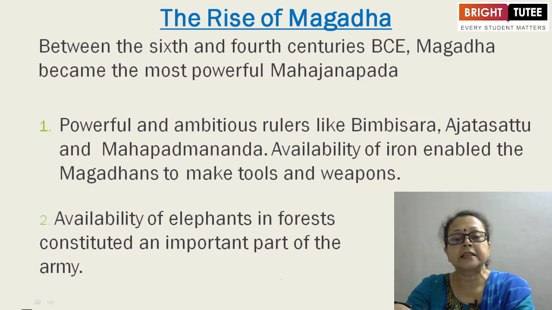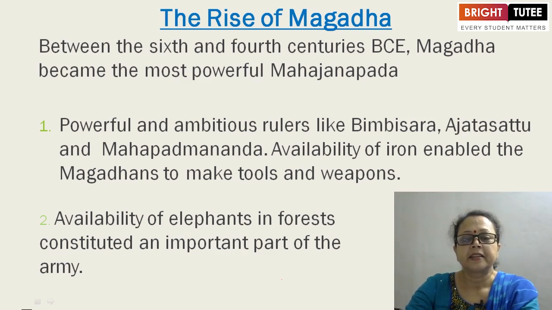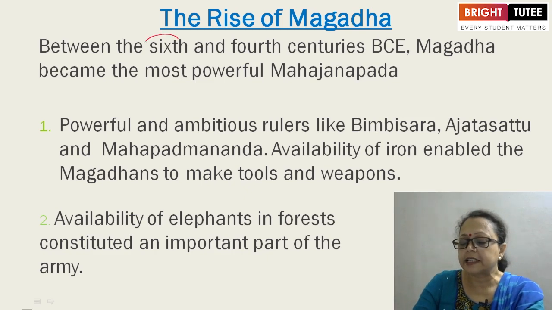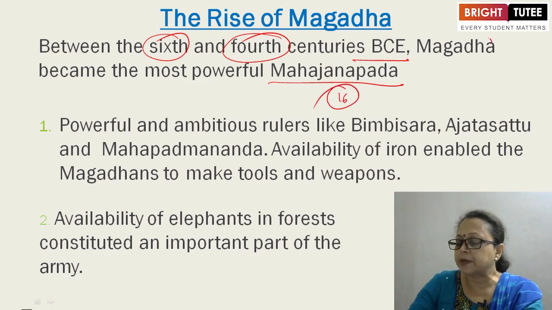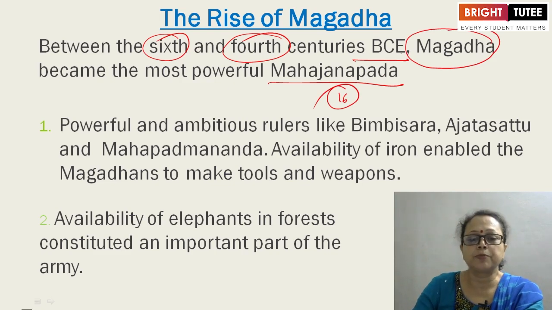Now coming to the rise of Magad, how Magad has risen, how it came into existence. Between the 6th and the 4th century BC, Magad became the most powerful Mahajanapada. We have discussed 16 Mahajanapadas, but among them Magad became one of the most important.